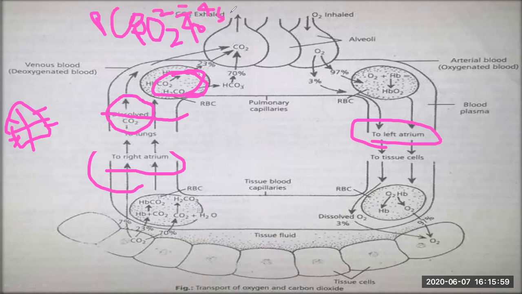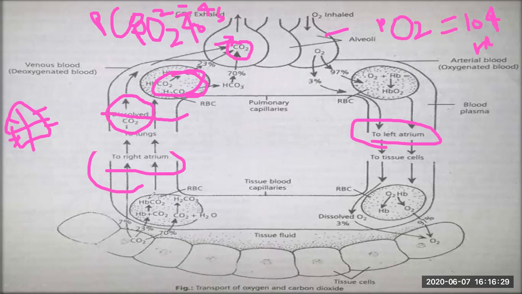When it reaches the alveoli, gaseous exchange takes place. CO2 goes into the alveoli, and we know very well that in the alveoli the partial pressure of oxygen is much higher, 104 mmHg. Clear?